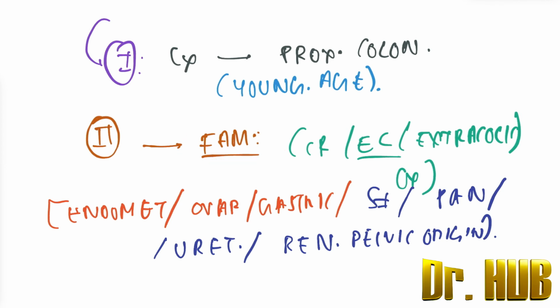It is characterized by families which have a very high risk of colorectal as well as extracolic cancers. So what does it include? It includes the endometrial, the ovarian, the gastric, the small intestine, the pancreatic, the ureteral as well as the renal pelvic origin.